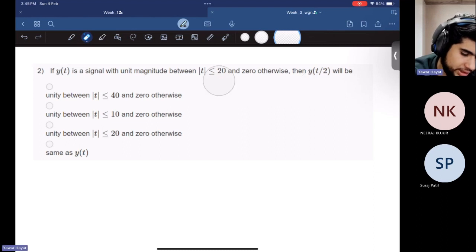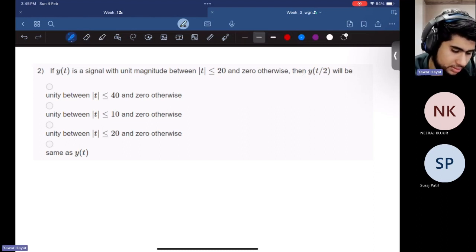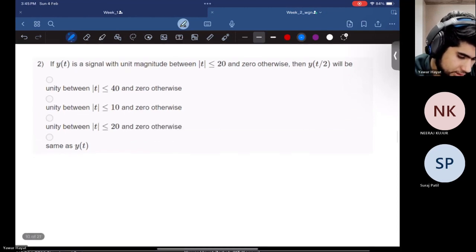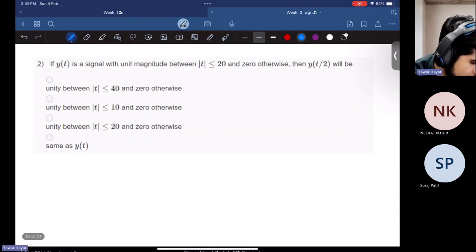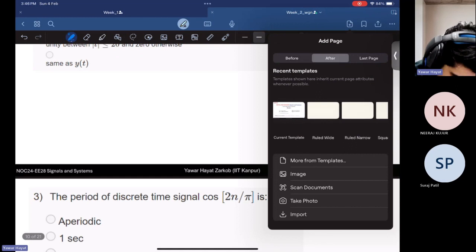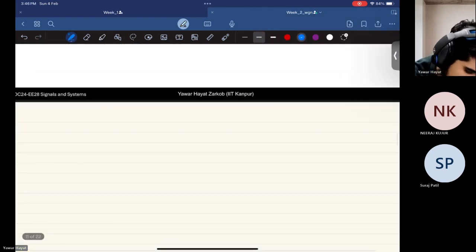So I'll quickly go over the solution. See, let me add a page first.